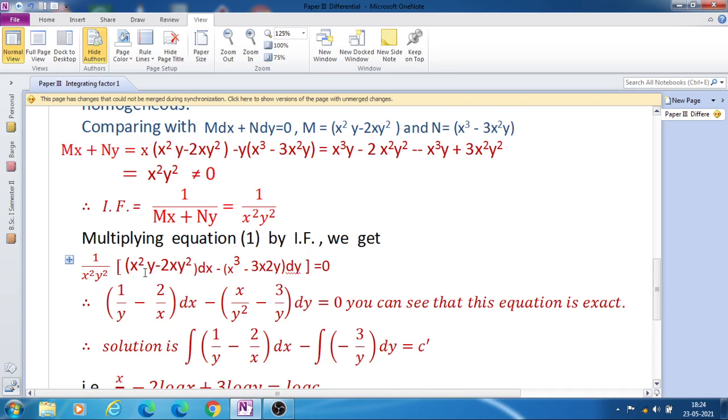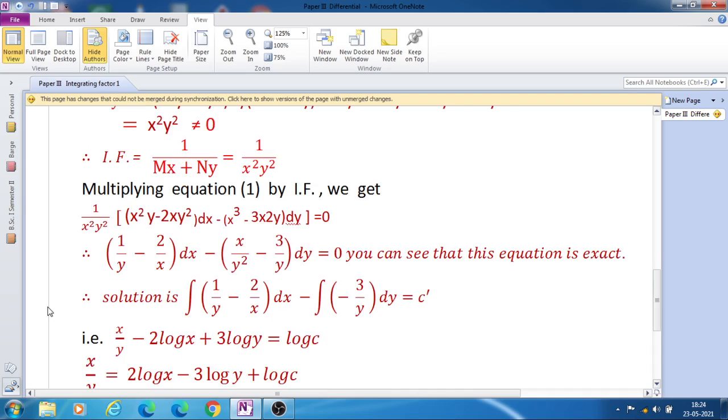Dividing by x square y square, here remains 1 upon y, here remains 2 upon x, here remains x upon y square, and here 3 upon y. Now to solve this equation, we have to integrate. This is now an exact differential equation, and we know the solution of an exact differential equation is integrating m dx plus integrating those terms of n which do not contain x.